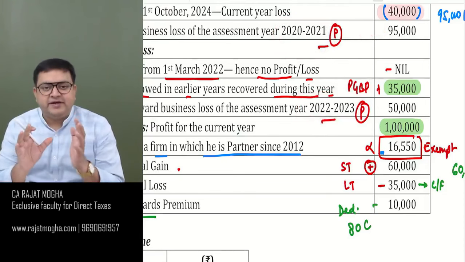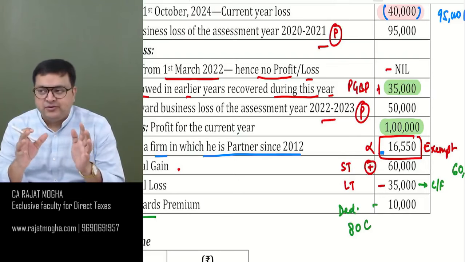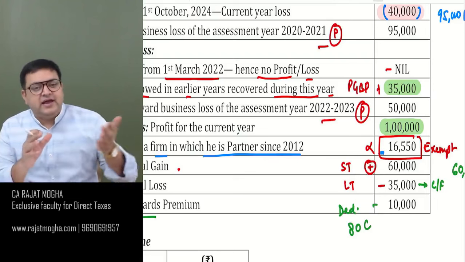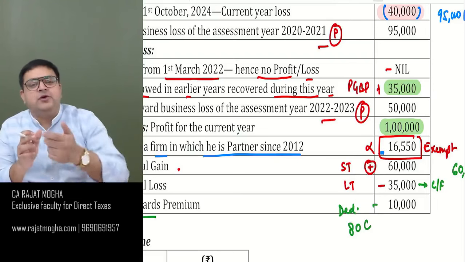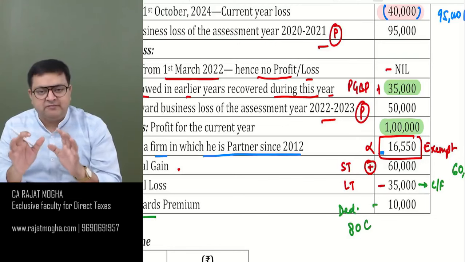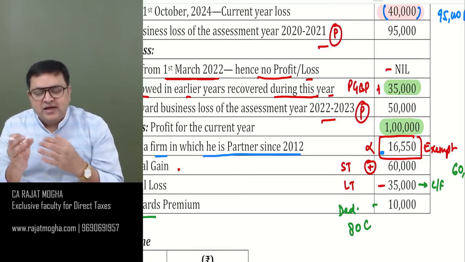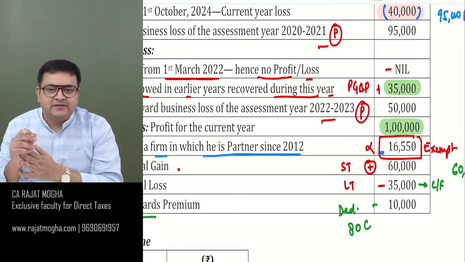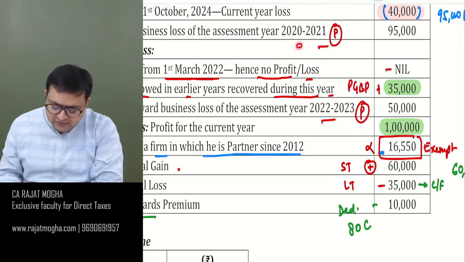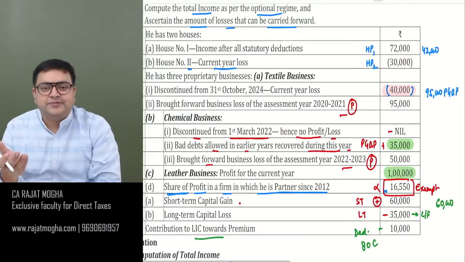Now please tell me, guys, some students make this mistake also. I just told you that any losses which are being brought forward can be set off from their own head only, except unabsorbed depreciation, right? And most of the time I see, especially in test papers also, that many students make this mistake, that they set off these brought forward losses from capital gain, they set it off from house property. Why?